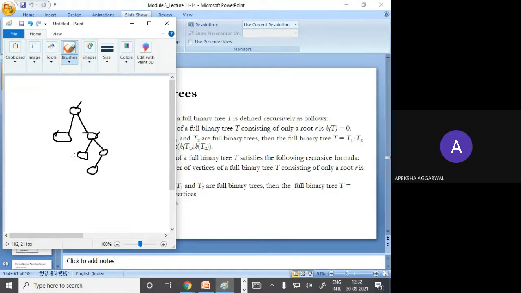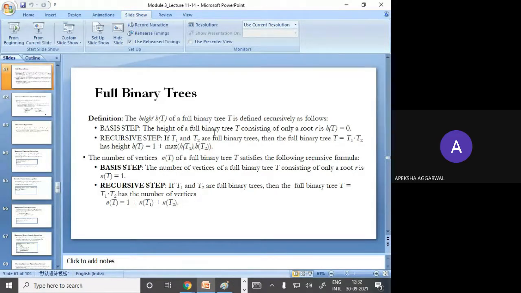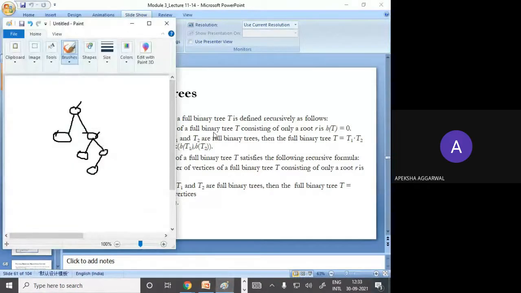Okay, now full binary tree. The height of a full binary tree is recursively defined as follows. In the basic step, you have just one node, so the height is 1, right?